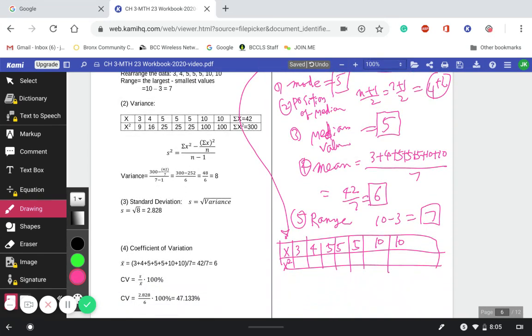And then you have to get the x square. 3 square is 9, and 4 square is 16, 25, 25, 25, 100, and 100.